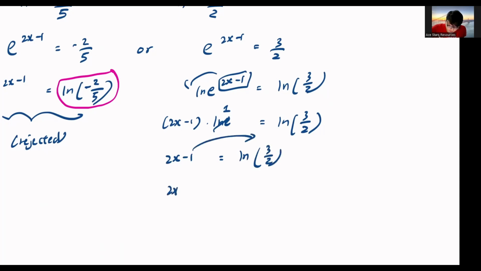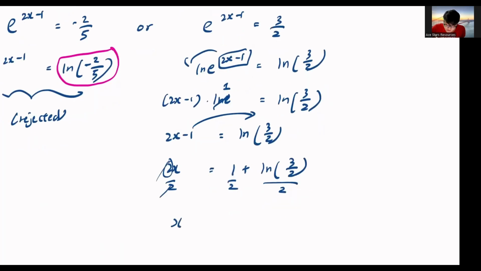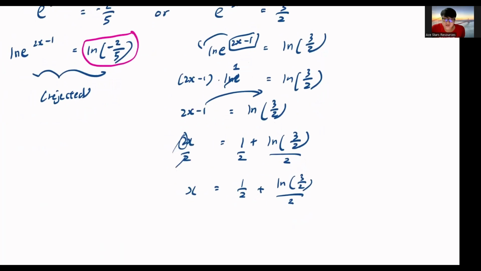Move the 1, so there's going to be 1 plus ln 3 over 2, and everything divided by 2, then x will be 1 over 2 plus ln 3 over 2, over 2. Okay, technically you can leave your answer like this.